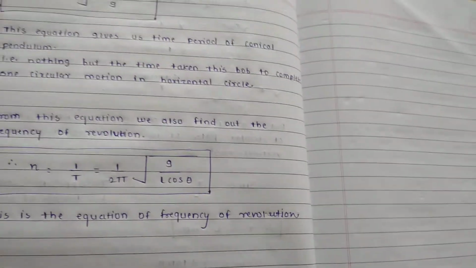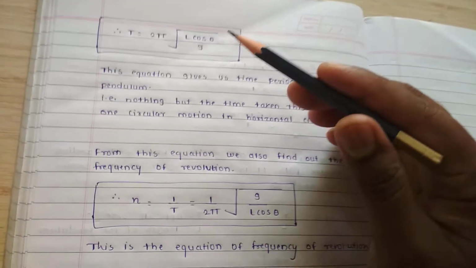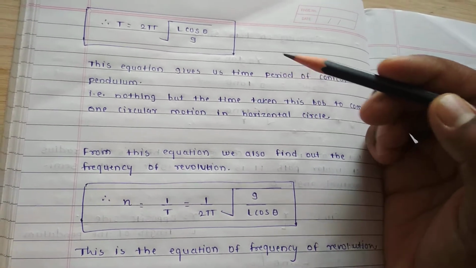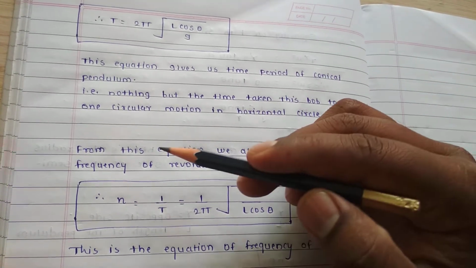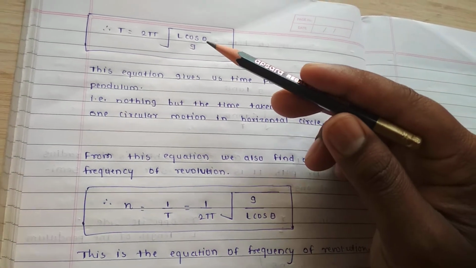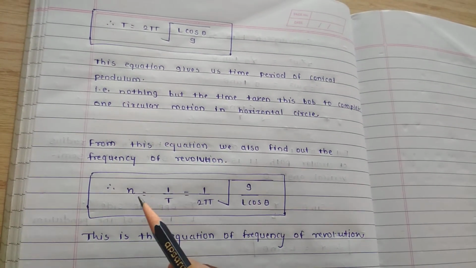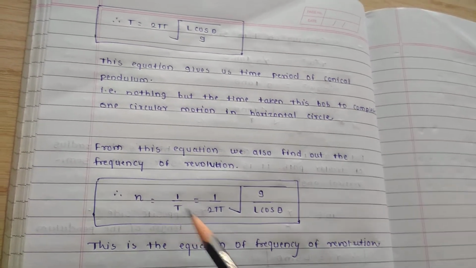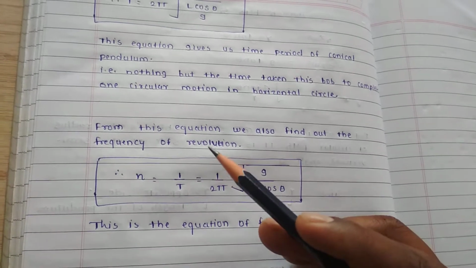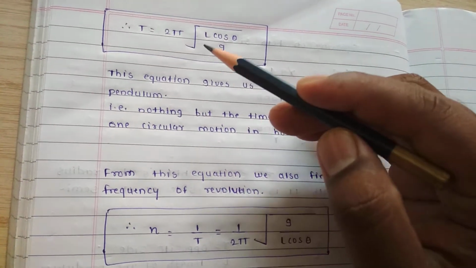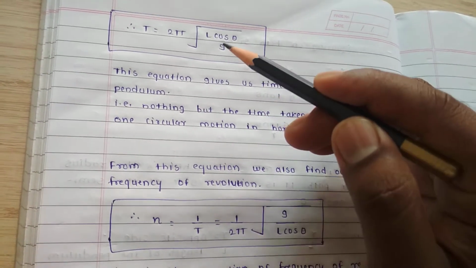Now next, from this equation, the time period of the conical pendulum, we also find out the frequency of revolution, which we denote by the letter n. For finding the frequency of revolution, we just have to take the reciprocal of this equation.